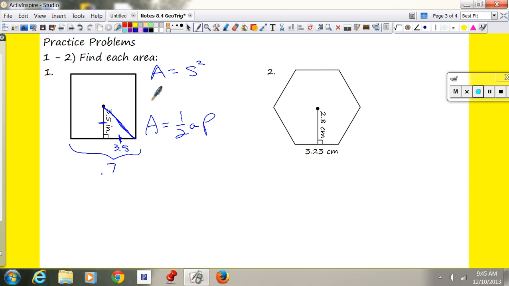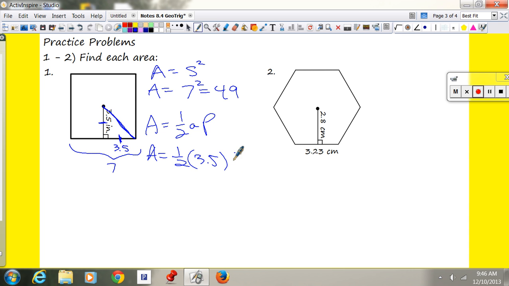Now in my first formula, you get 7 squared, which is 49. So that makes it easier right there. If I was to plug it into the other formula, I would put area equals 1/2. My apothem was 3.5.